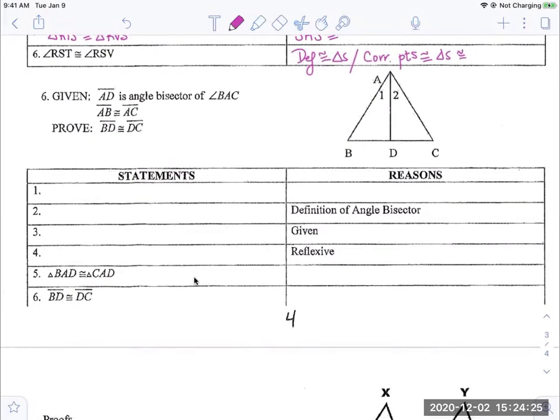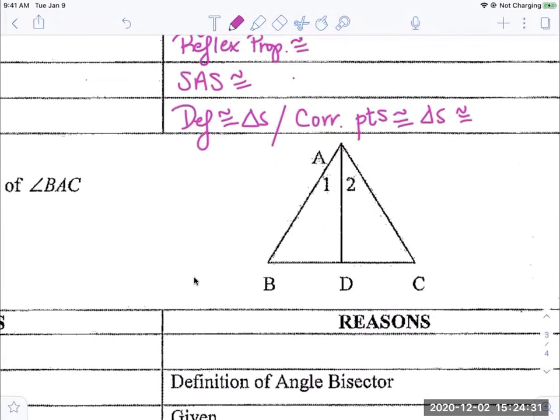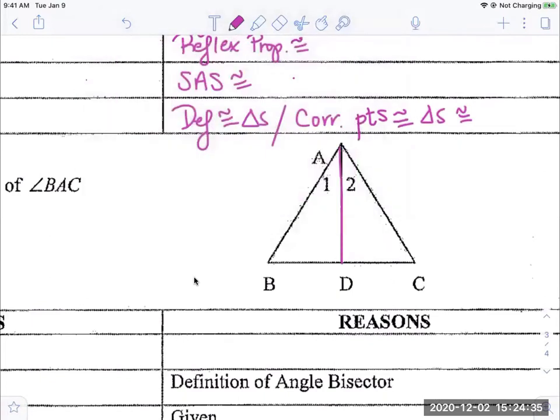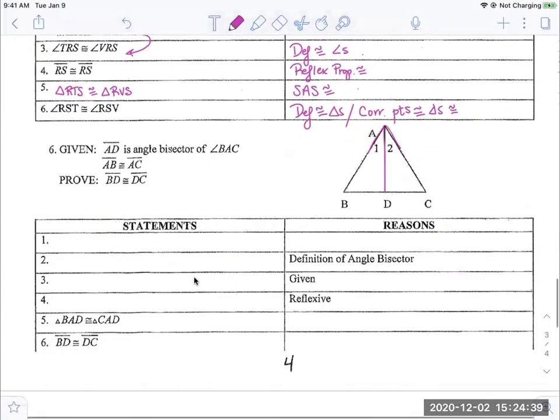Okay, proof number 6. Segment AD is an angle bisector of angle BAC. So this is bisecting this angle. Okay, that's a given.